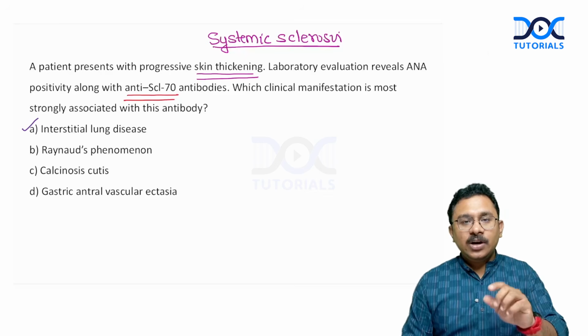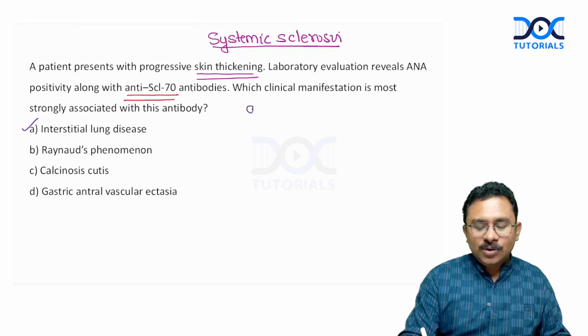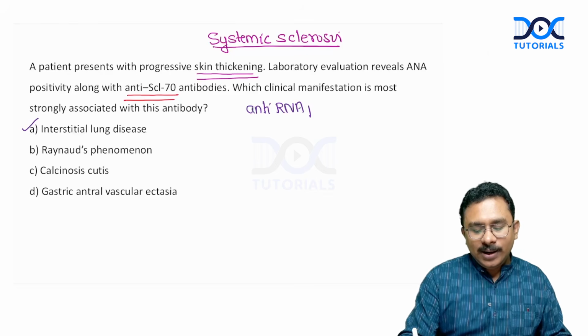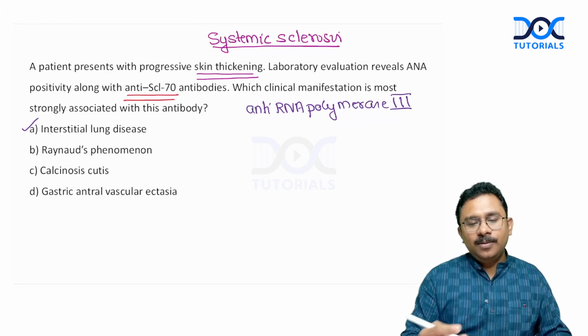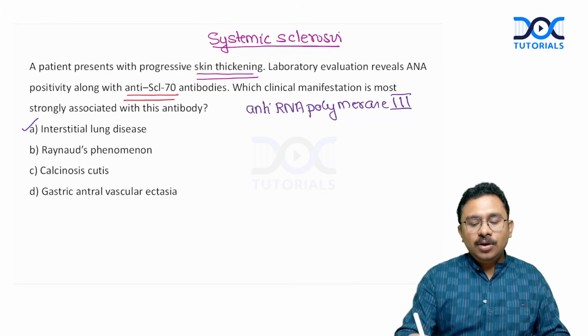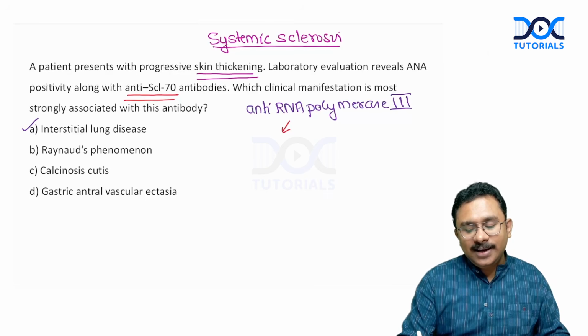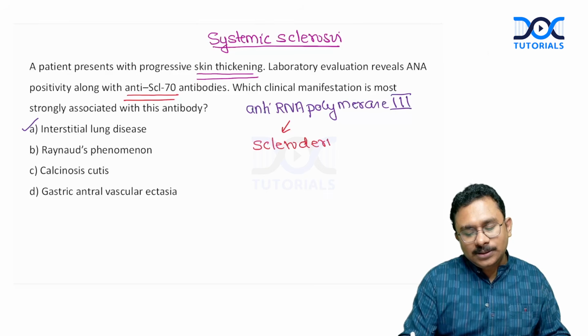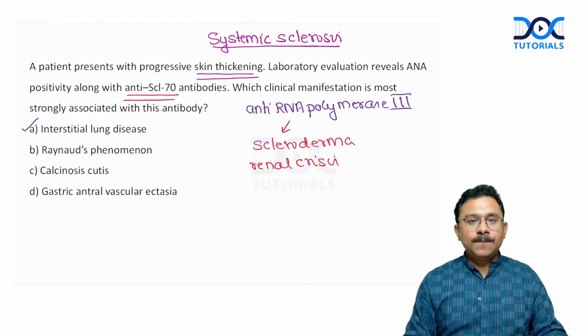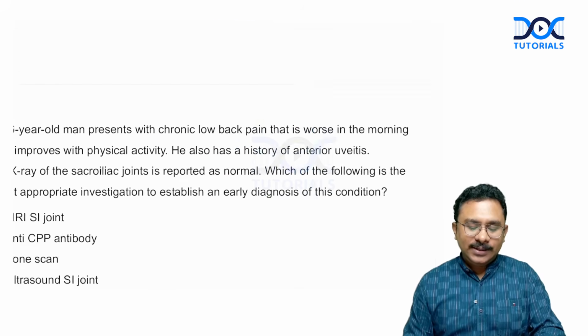At the same time, if the question mentioned that there was a positivity of anti-RNA polymerase 3, though it is not given in the options, but maybe for a future question, you have to understand that this has a higher risk of scleroderma renal crisis. Scleroderma renal crisis. Okay, this is what you should be understanding. Okay, right. Okay, let's go to the next question.